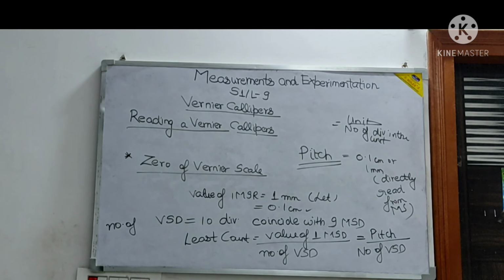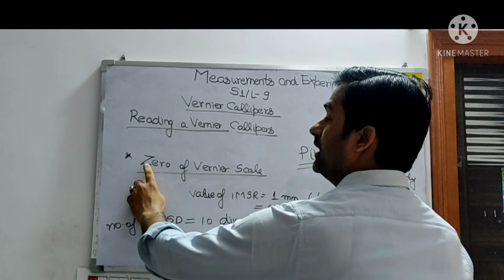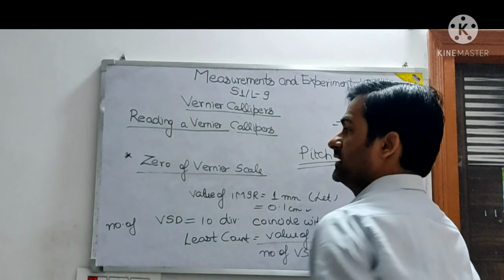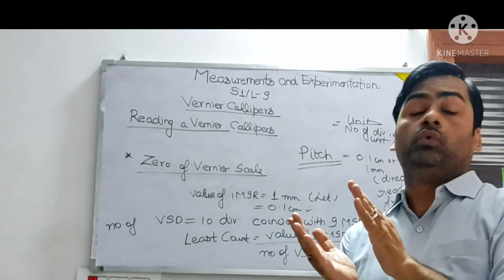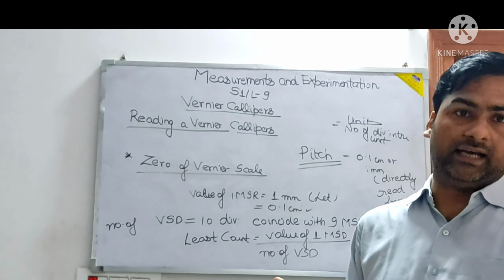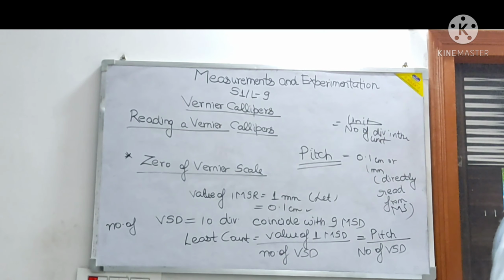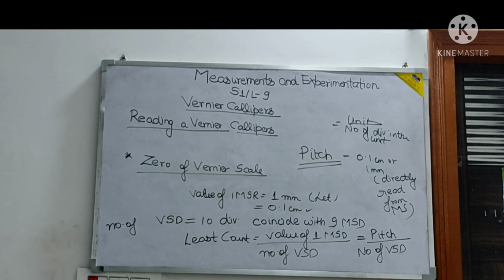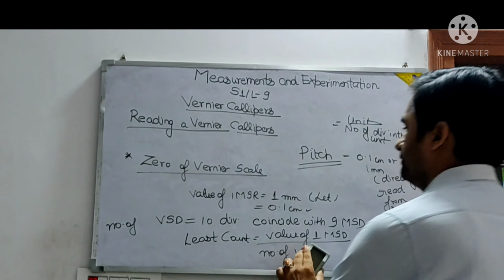Once you get the least count, you check where the zero of the vernier scale is. Whatever value is to the left of that will be taken as the main scale reading. I'll drop this portion and then I'll tell you that thing also.